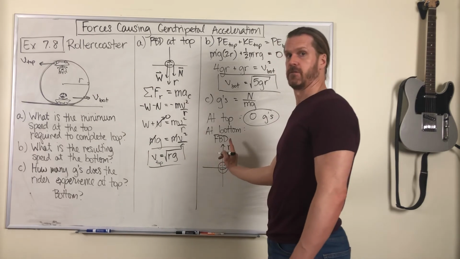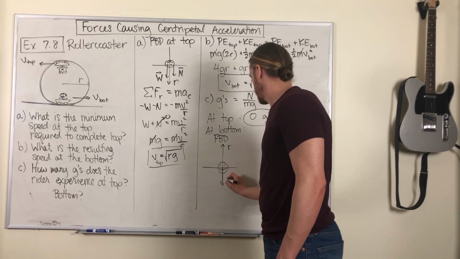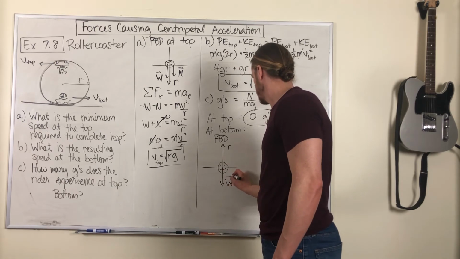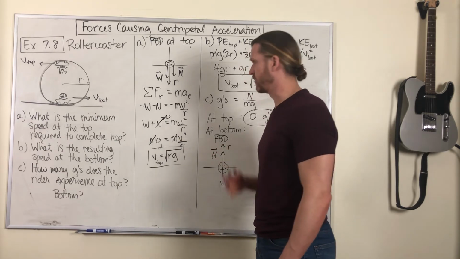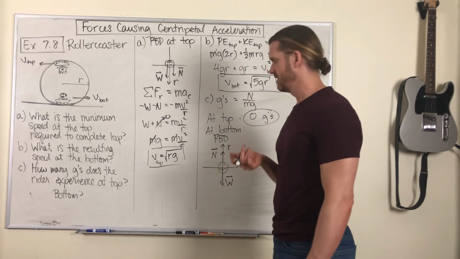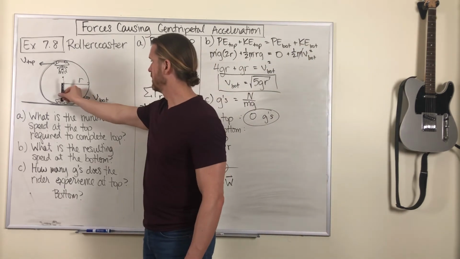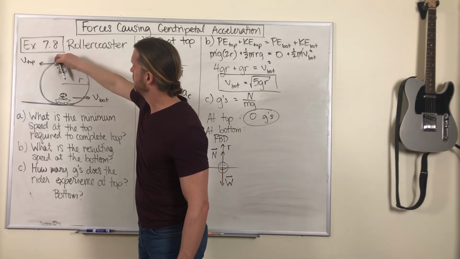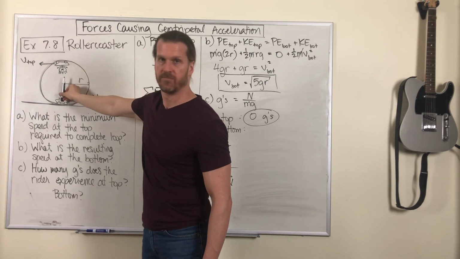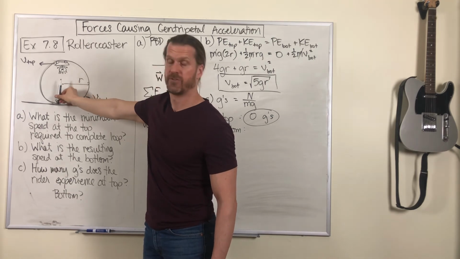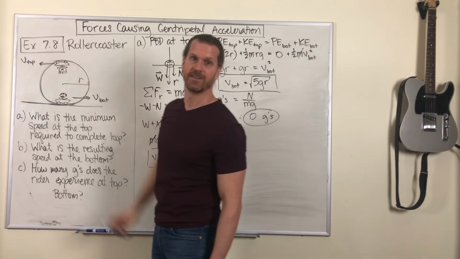So there's the center of the circular path. Gravity, of course, points down. But now normal force, because the track is underneath you, points up. The normal force always points toward the center of the circle, and at the bottom the normal force is pointing up, whereas at the top, the normal force was pointing down.